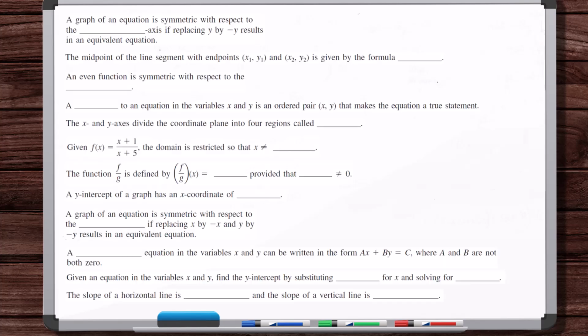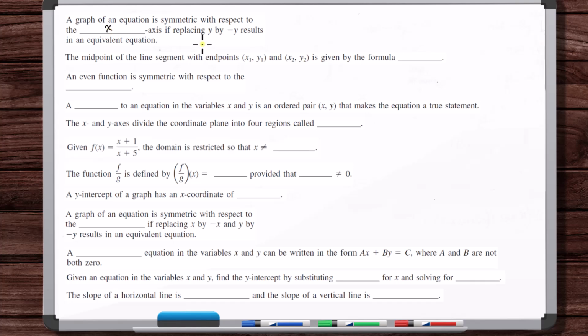So let's get started. A graph of an equation is symmetric with respect to the blank axis if replacing y by minus y results in an equivalent equation. Okay, this is going to be the x-axis. And why is this?